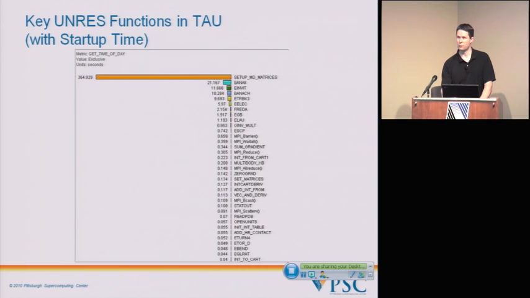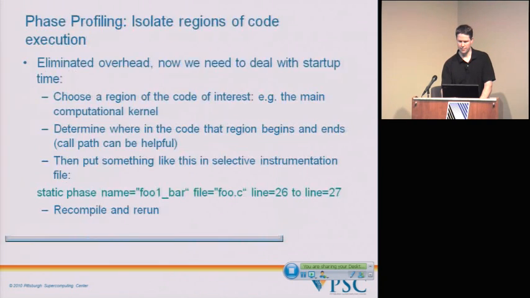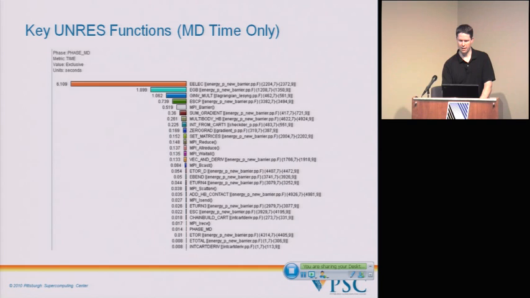But since we can isolate the main loop, the molecular dynamics loop in this code, with the phase profile, I define this as the phase MD, and so now this is what it looks like when we profile with TAU. We have a very clean profile of only those functions that are called during the main loop. And so we can now clearly see what is the most time-consuming function and the other functions that may be important.